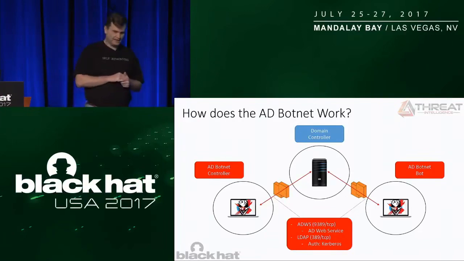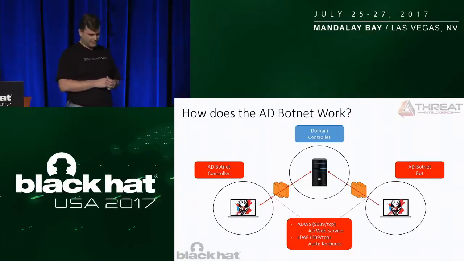Now, another interesting thing about it is the kind of traffic that you'll see when you actually run traffic over it. You've got Kerberos for authentication, then all the updates to attributes go over ADWS, which is the Active Directory Web Service, which is encrypted, SSL.